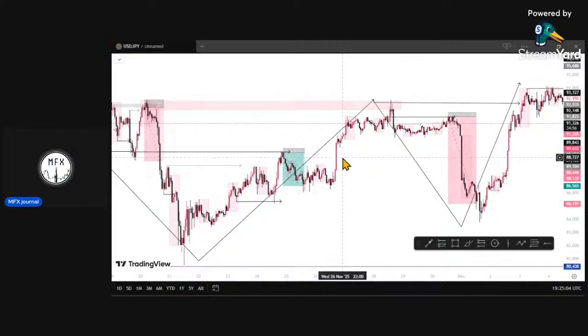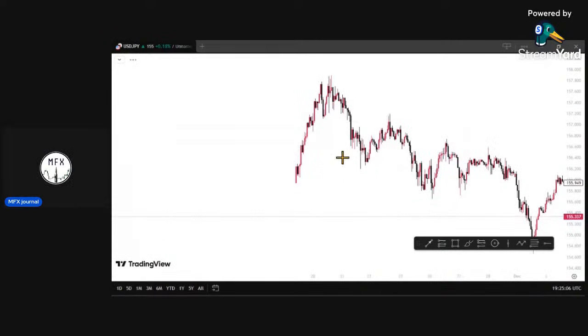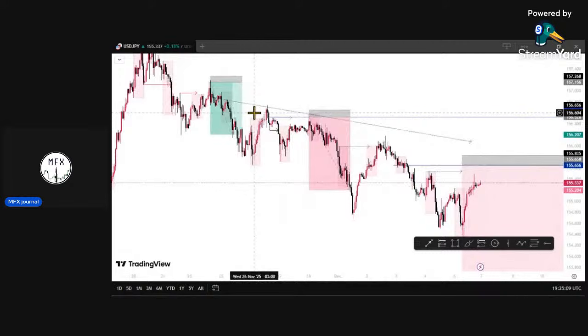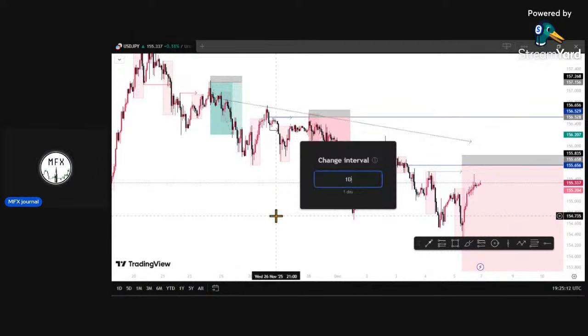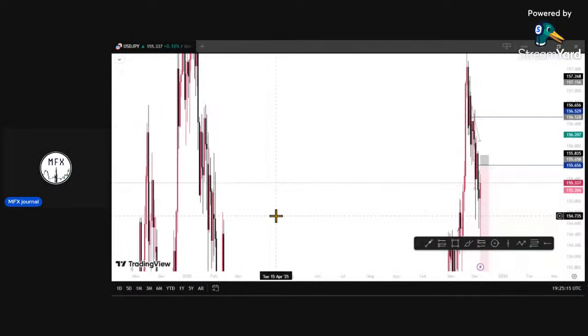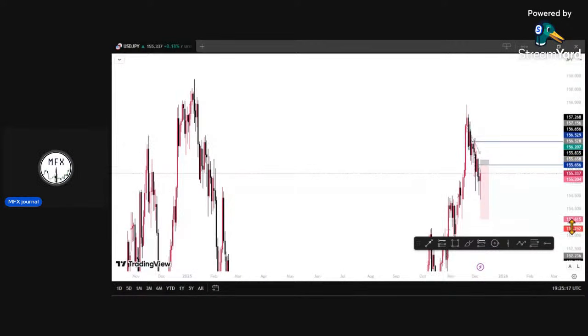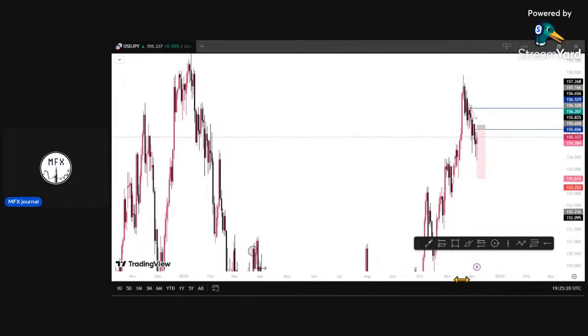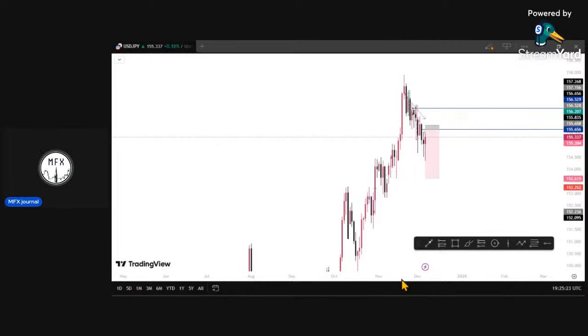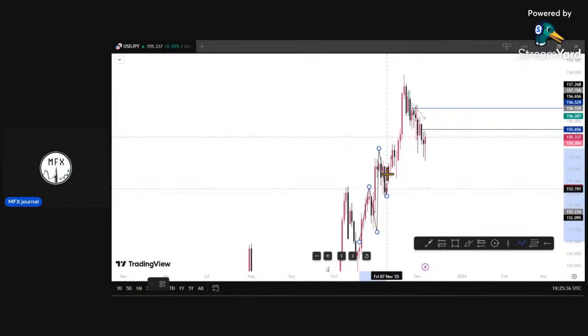So let's go to another pair, such as USDJPY. What's the first step? The first step is to go to your higher time frame. On the higher time frame, clearly we can see that price is bullish, making higher highs, higher lows, higher highs, higher lows.